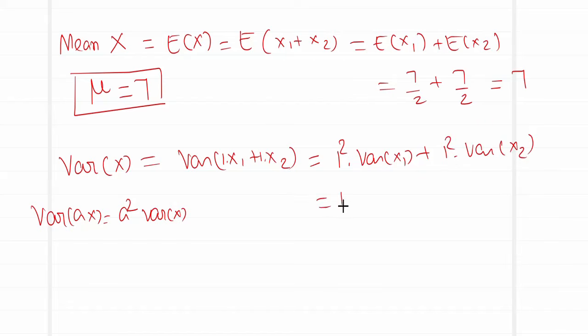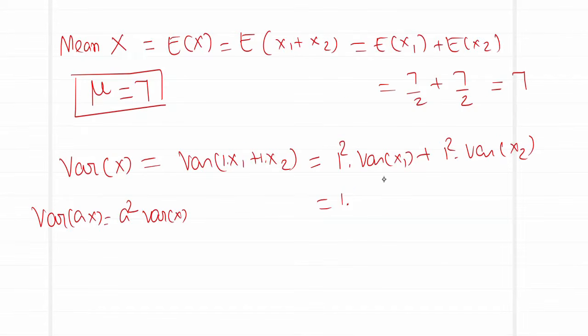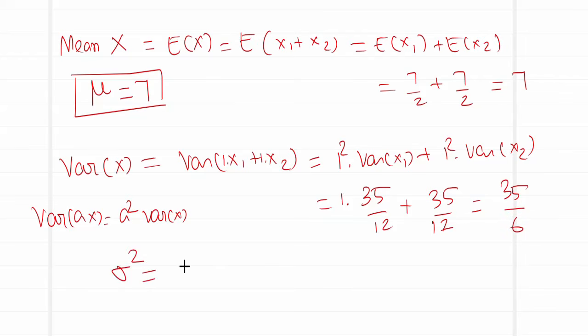So it is 1 into, what was our variance of x1? It was 35 by 12. So 35 by 12 plus 35 by 12. Okay, so this makes it 35 divided by 6. Hence, I have sigma square as 35 by 6.